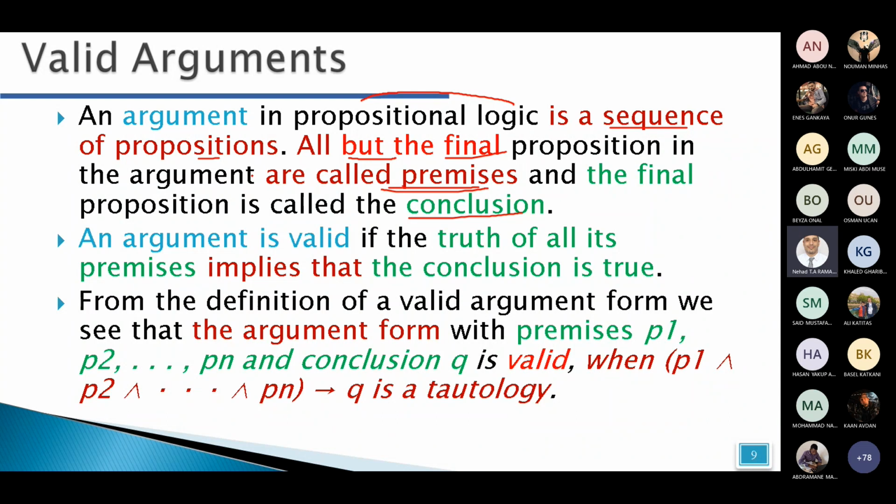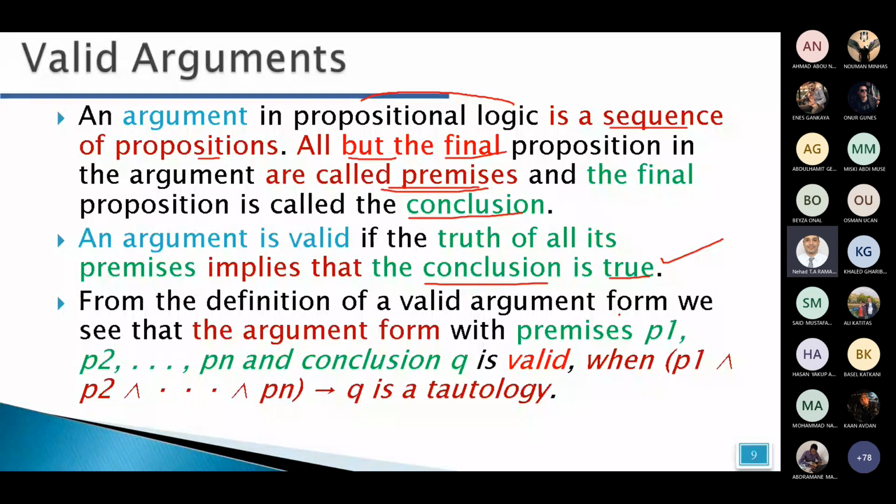An argument is valid if the truth of its premises, all the sequence of propositions given to you, implies the conclusion is true. So you can consider all of the premises true, and use logical inference rules to get the conclusion as true.